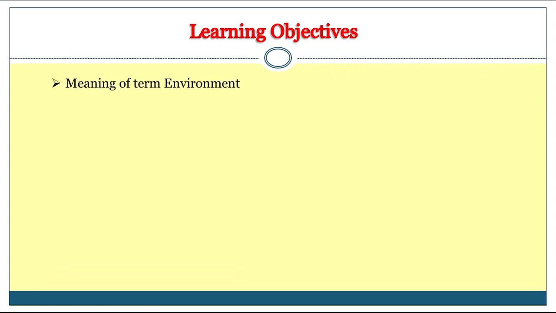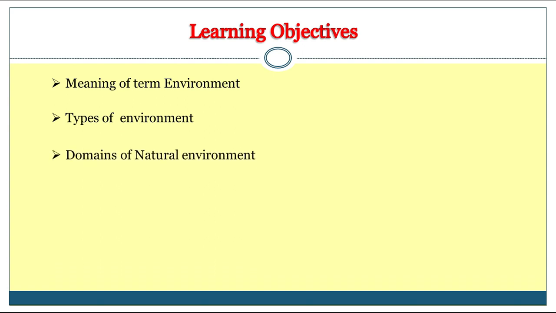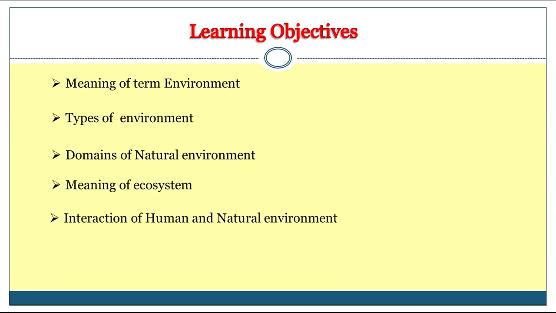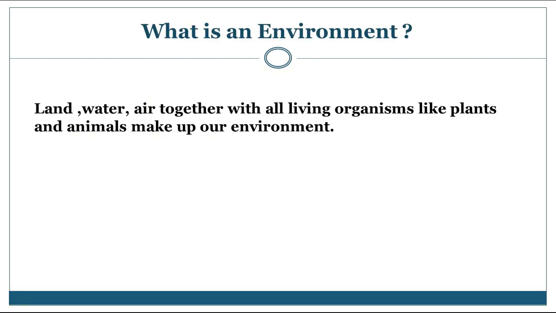After learning this chapter, you will be able to understand concepts like the meaning of the term environment, types of environment, domains of natural environment, meaning of ecosystem, interaction of human and natural environment, and in the last we will discuss the conservation of environment. So let's begin. First concept is, what is an environment?